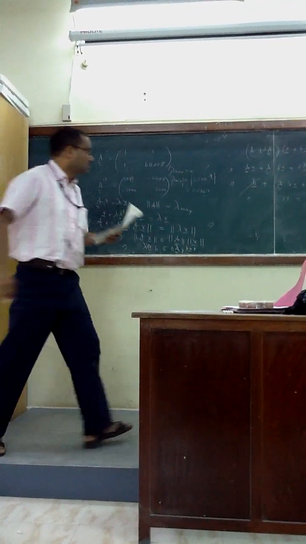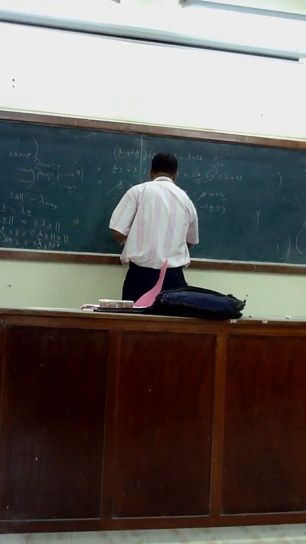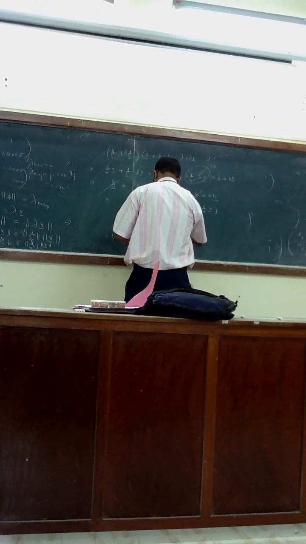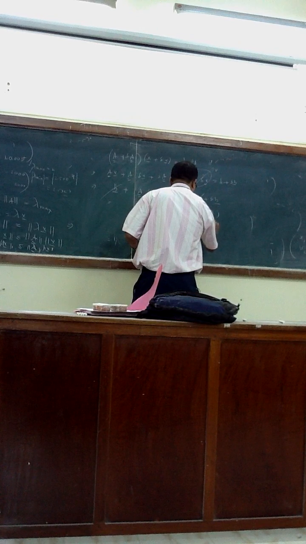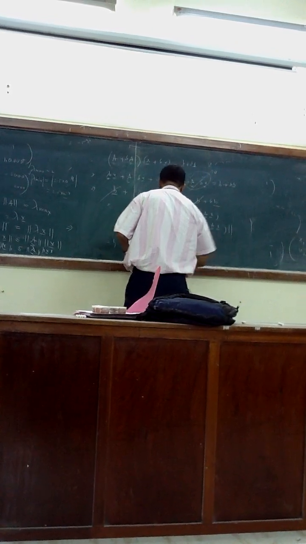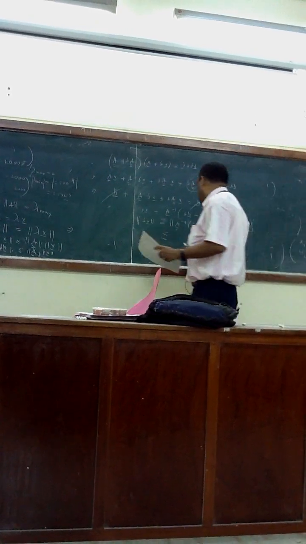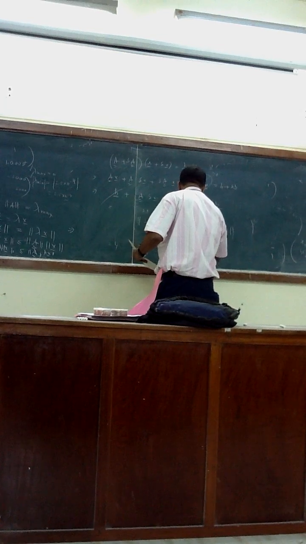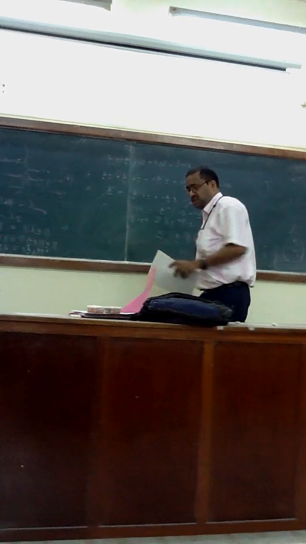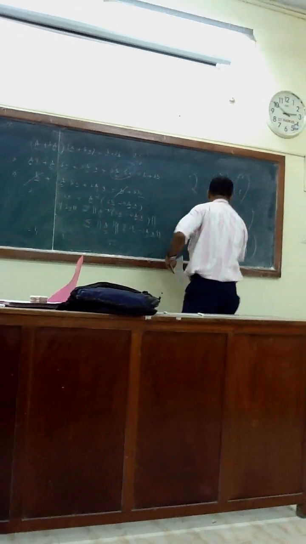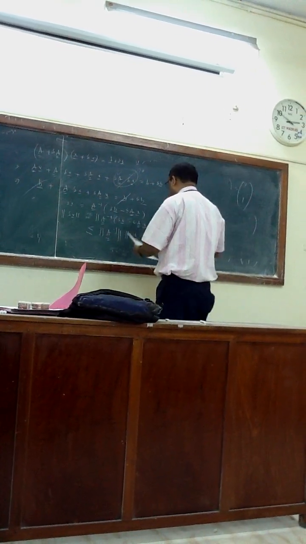Yes or no? Norm of delta x equals norm of A inverse times (delta b minus delta A x), and I will apply the compatibility property here.